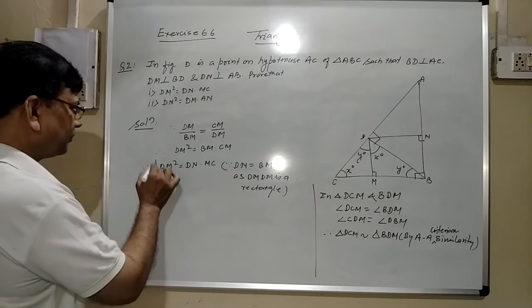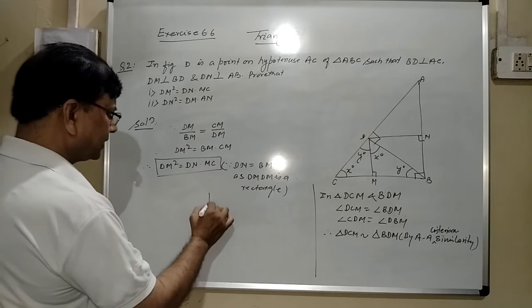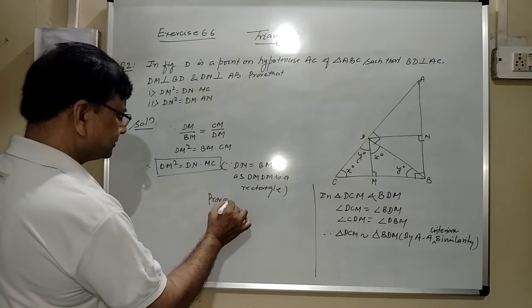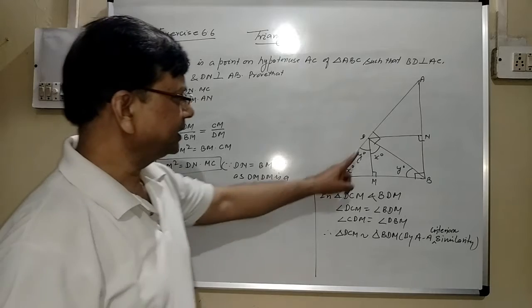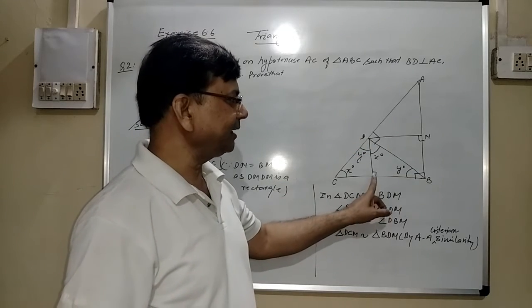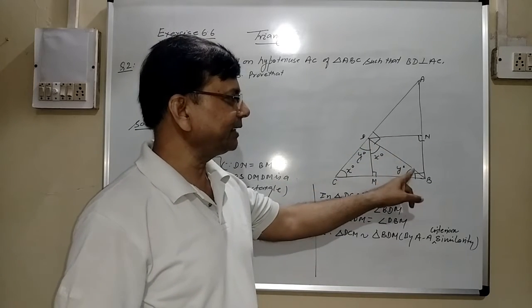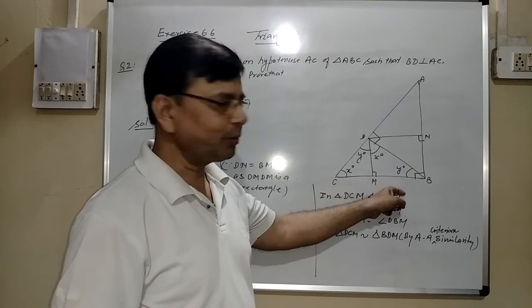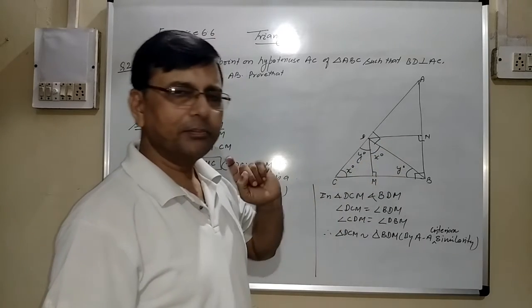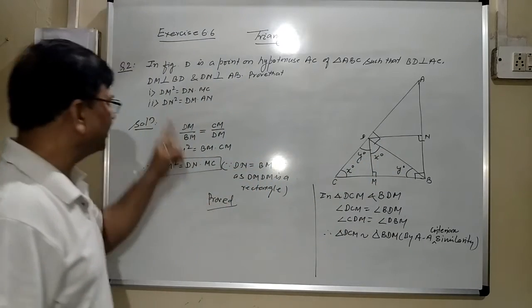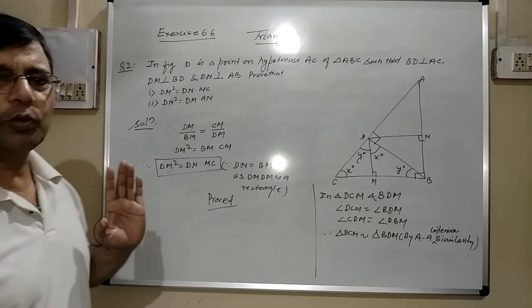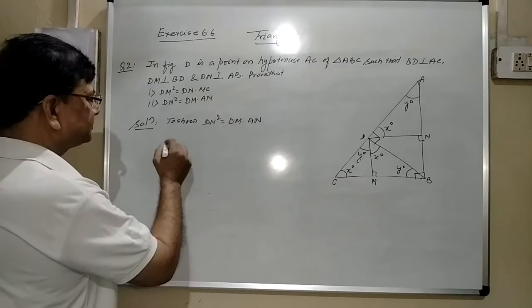This way we have proved this relation. That is proved. Because DNBM is a rectangle, because all the four angles are 90 degrees, then opposite sides will be equal. Therefore DN is equal to BM. So that I have proved. First part is proved. Now we will go for the second part.